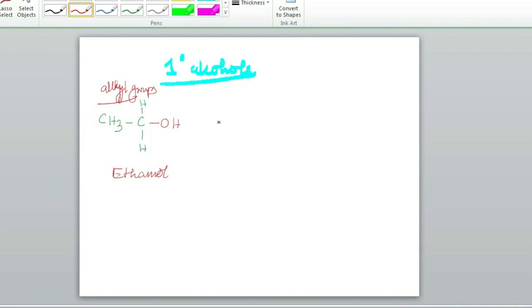And then the same primary alcohol: CH2 double bond CH and CH2OH. Here we number from the functional group: 1, 2, 3.